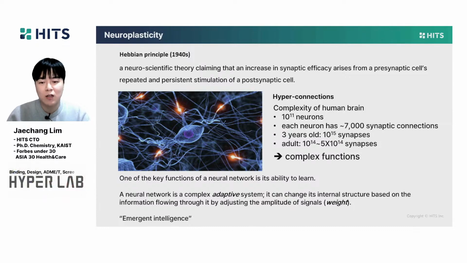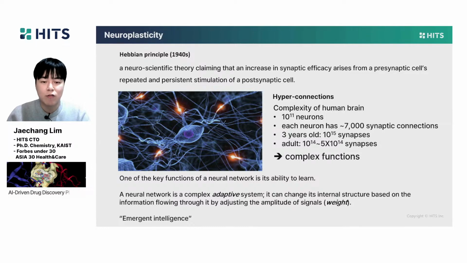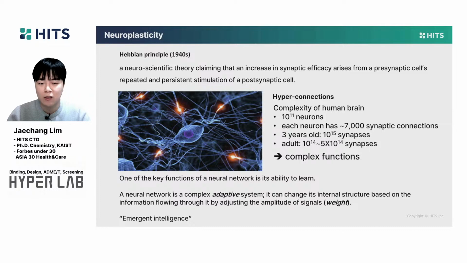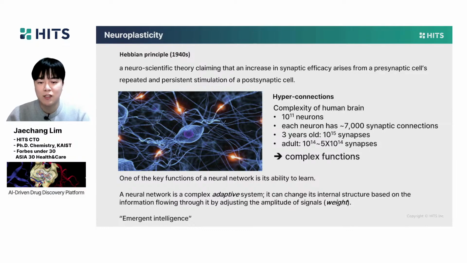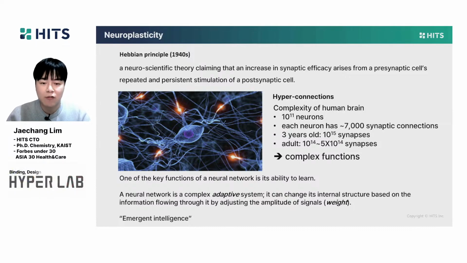And based on learned information, we can make accurate inferences when throwing a ball like Yuhyunjin, as I showed in a previous slide. And this is how new abilities emerge in an integrated system that cannot be explained by individual elements alone.